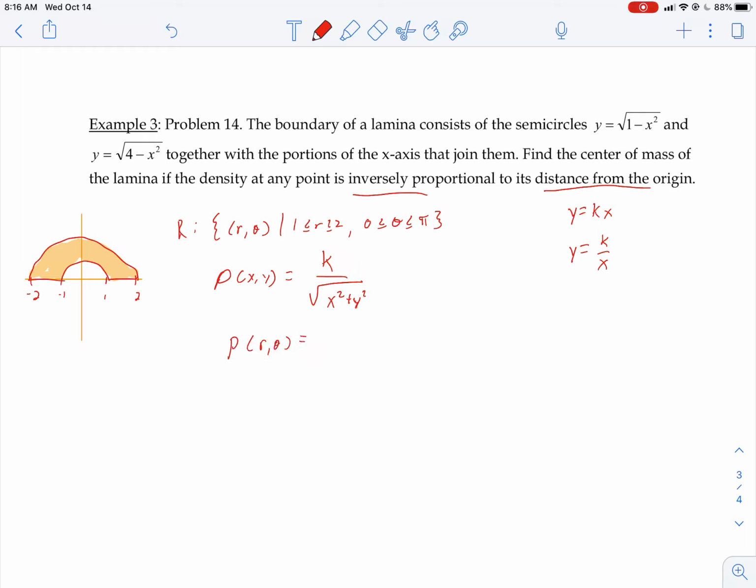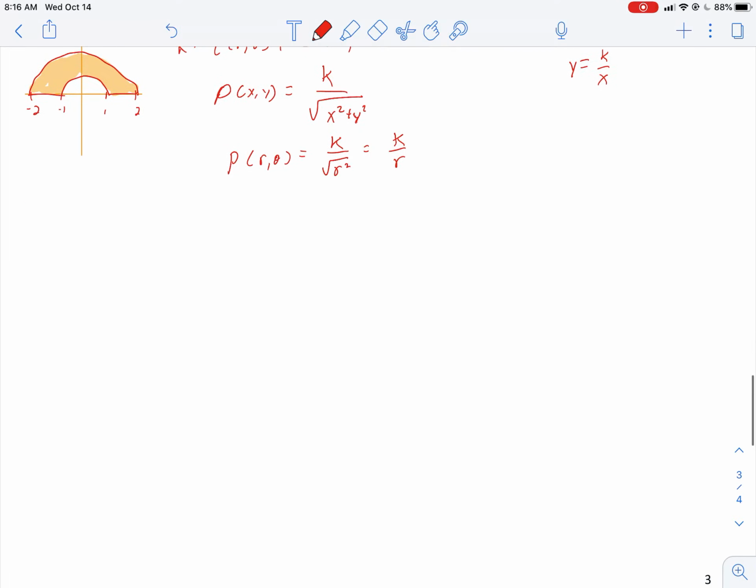Now because I'm using polar coordinates, that's just going to be k over the square root of r squared, which is just k over r. So there's our rho, and now we can set everything up the same way.